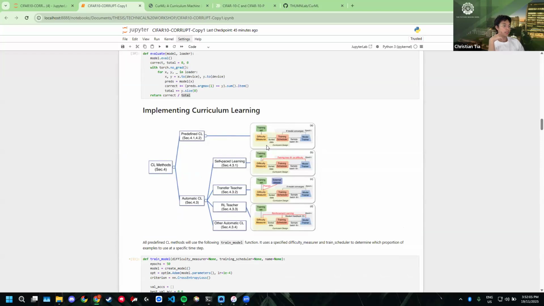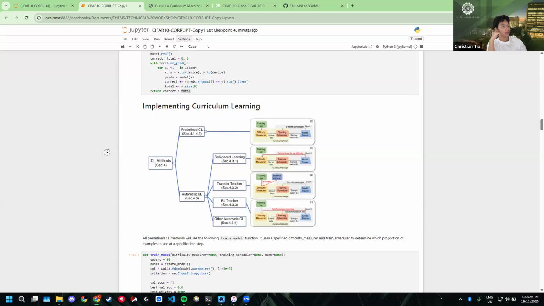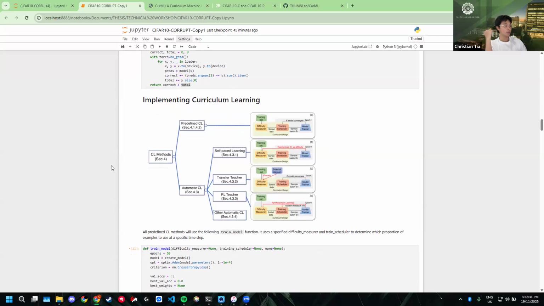Let's say the data set is in the medical field, so they're medical images, and you have domain expertise in the form of a doctor who can recommend a method in defining what a difficult medical image is, like in an X-ray, for example. Then I would recommend you try predefined CL first, because you could leverage that domain expertise.